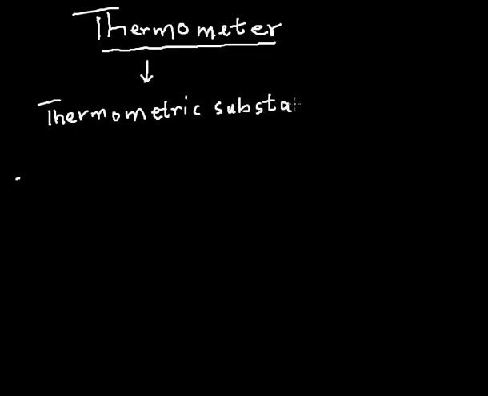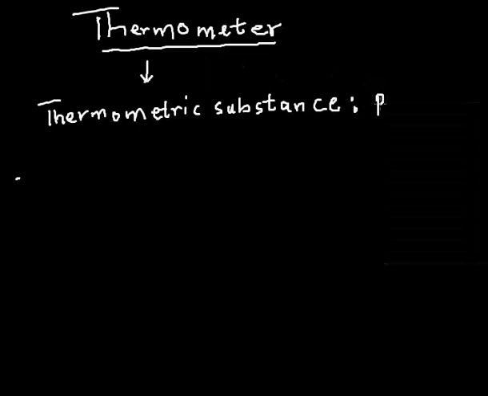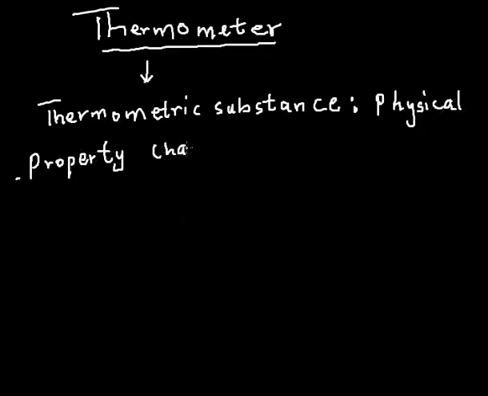Why are they called thermometric substances? Because a physical property of that particular substance changes with the change in temperature.